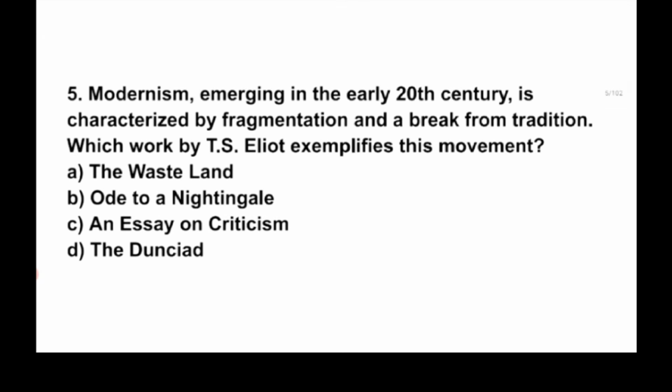Modernism, emerging in the early 20th century, is characterized by fragmentation and a break from tradition. Which work by T.S. Eliot exemplifies this movement?